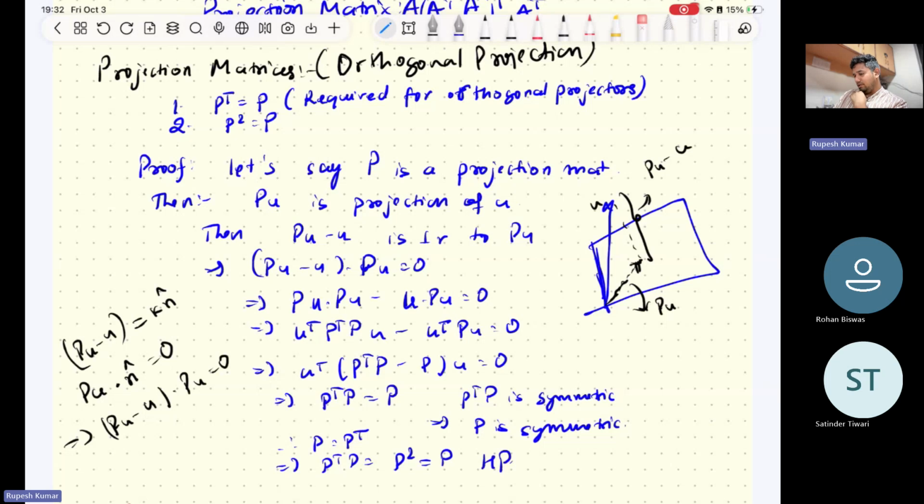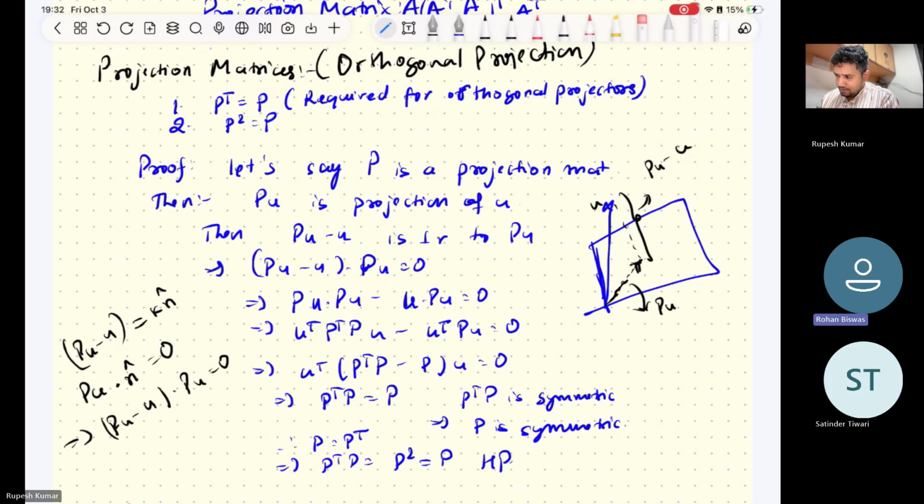So basically, can we do something using the fundamental spaces here? We can think: let's say we have a vector that belongs to the range space of A, and then we have a vector that belongs to the range space of A transpose, right?